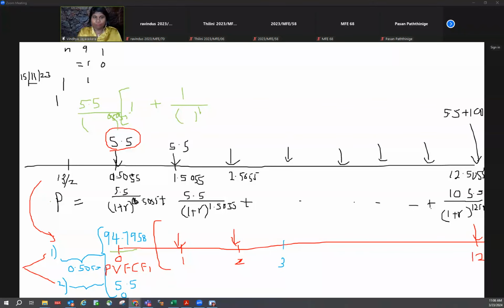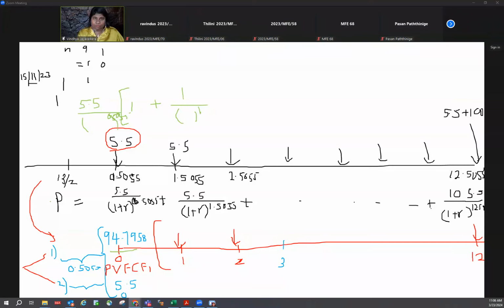Madam, small clarification. Now, at 15th of May, without the coupon, the price would be 94.795. That's correct, right? Yes. So we have calculated the accrued interest from November 15th to 13th of February.